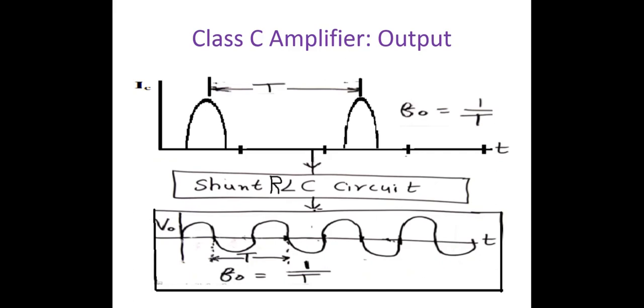Now this phenomenon is not limited just to electrical circuits. It is a general characteristic of resonant systems. Whenever you apply a periodic input to a resonant system, with the fundamental frequency of the input being equal to the resonant frequency of that system, the resonant system will oscillate at its resonant frequency.